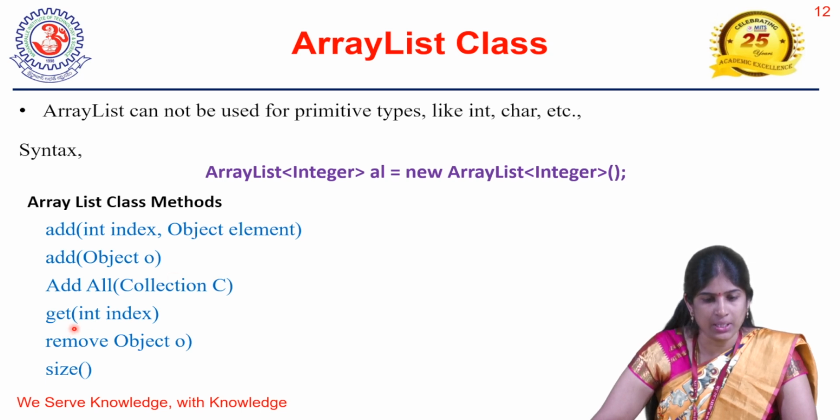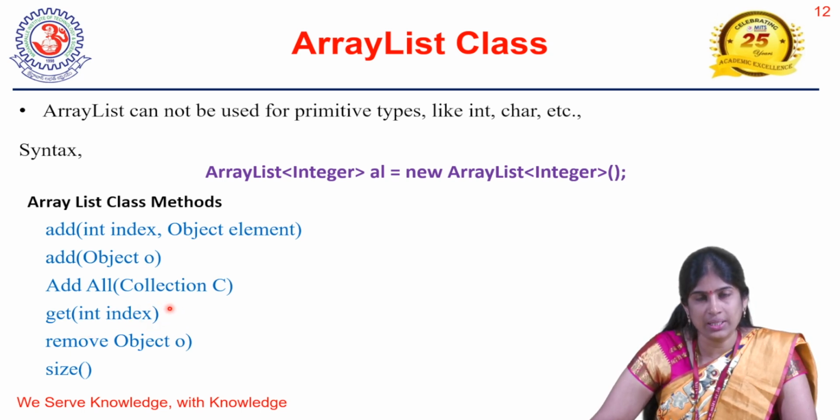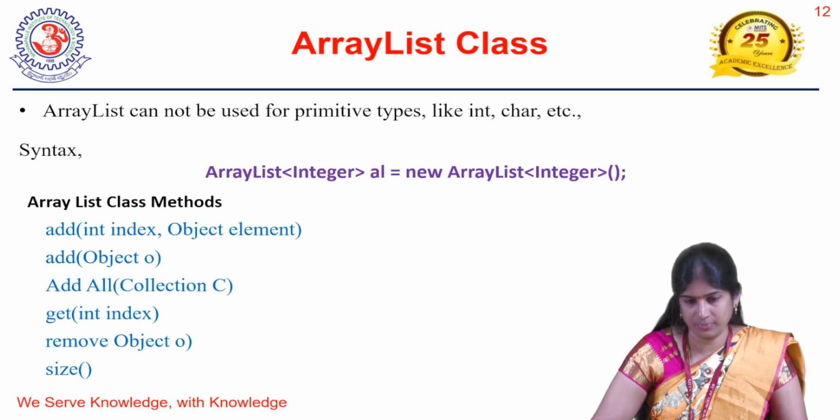Another method is the get method, and within the braces you have to specify the index. So the get method is used to get the object from an array list. Similarly you have a remove method, which is used to remove the object from the array list. And the size method is there to find the size of an array list. These are a few methods available in ArrayList.